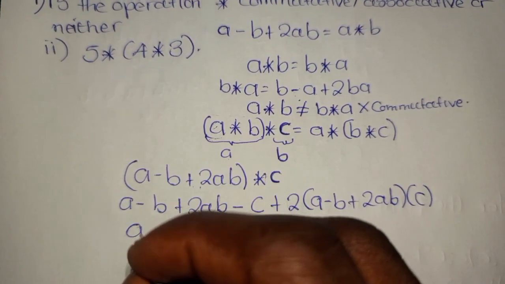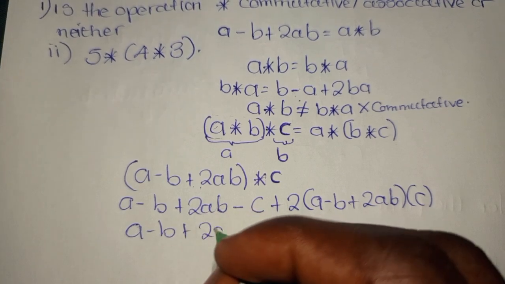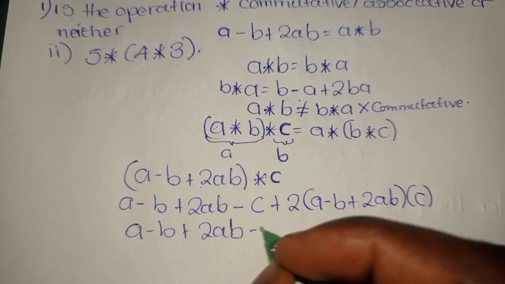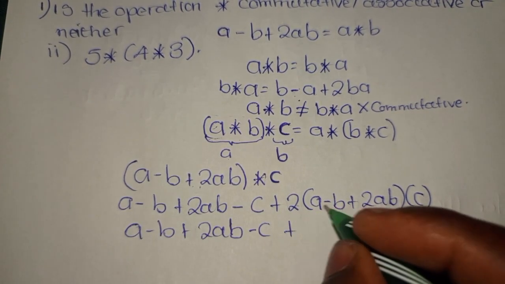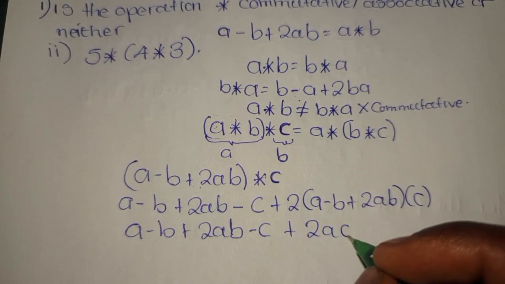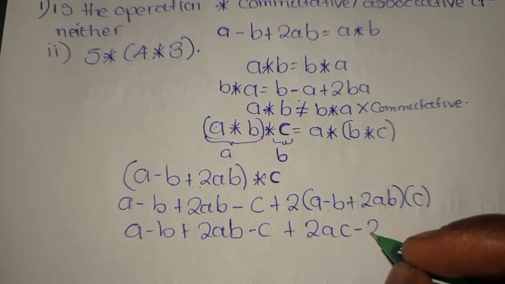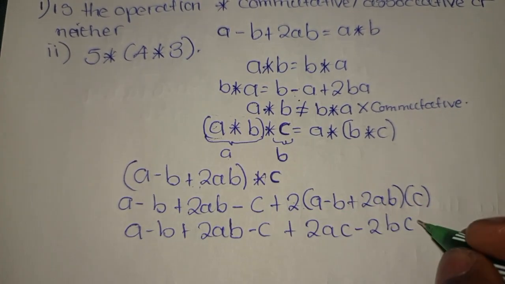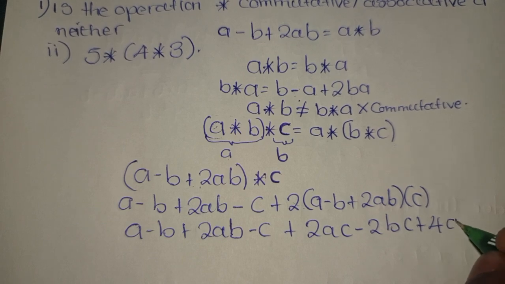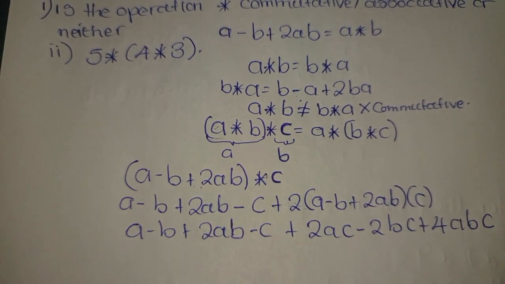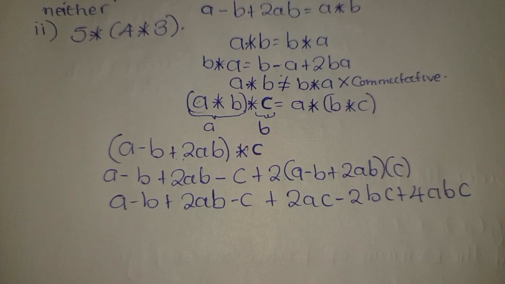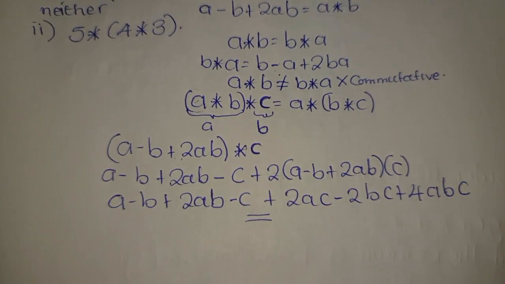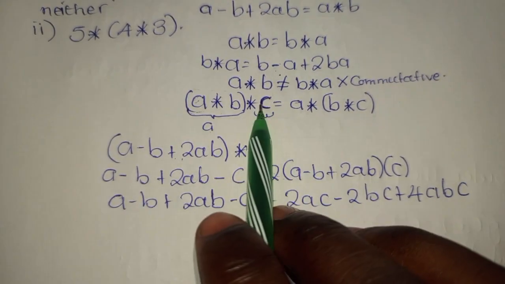Here we have a minus b plus 2ab minus c. When you multiply it out, you have 2ac, this times there you have negative 2bc, and this times here you have plus 4abc. So this is the expression that you have for a star b star c.